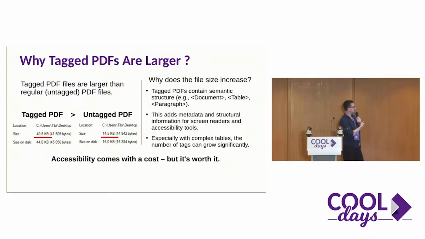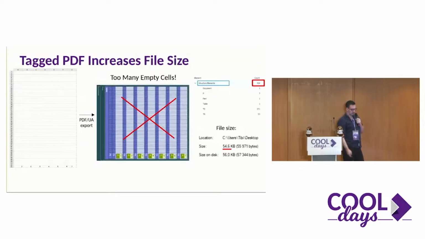And a few weeks ago, I ran into an issue related to the file size problem. At first glance, I thought this wasn't a real issue because, as I mentioned, the accessible PDF file typically has a larger file size.